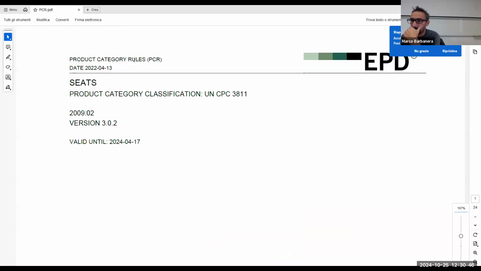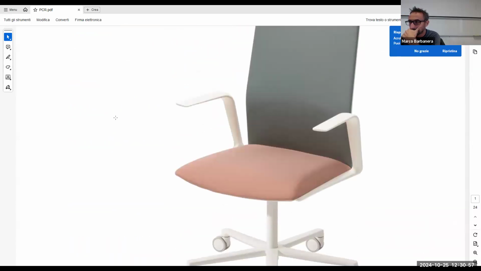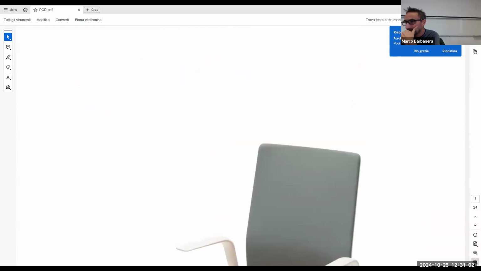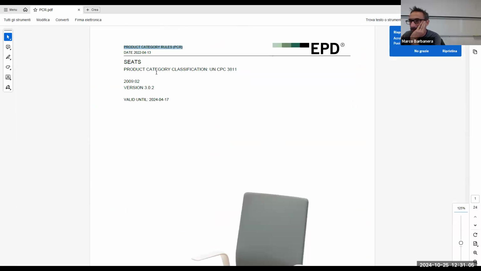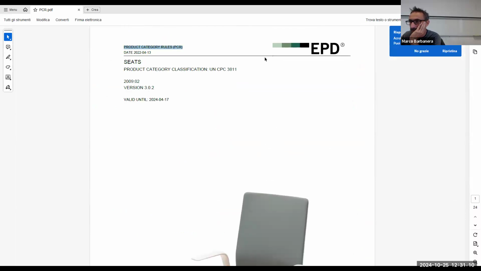An example of the product category rules, in this case for this kind of product, for chairs. This is the product category rules for office chairs. These product category rules are drawn up by the program operator that manages the environmental product declaration.